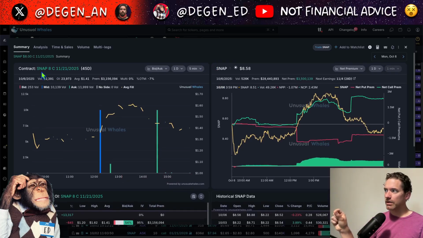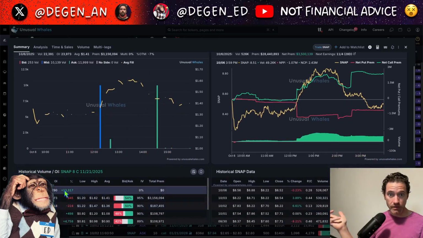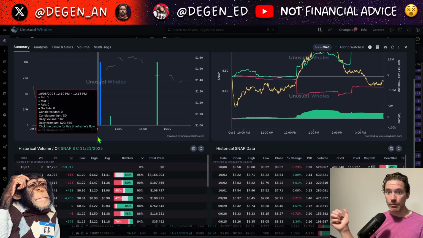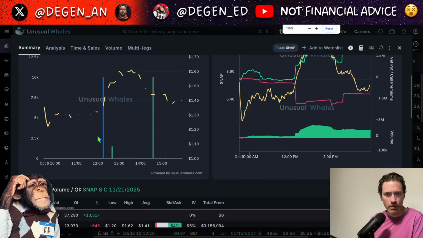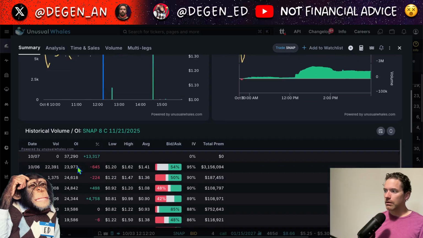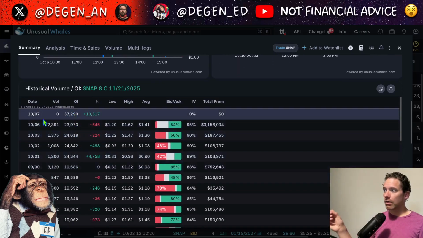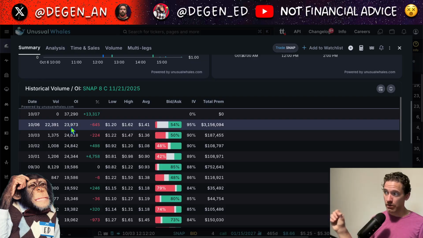And so here we can see $8 November expiration. And with that, we can see that yesterday, just going to scroll this down, I'm actually just going to zoom in a little bit so you guys can see it a little bit better. Over here, from the 6th, we saw an open interest of just under 24,000 contracts open on the 6th.